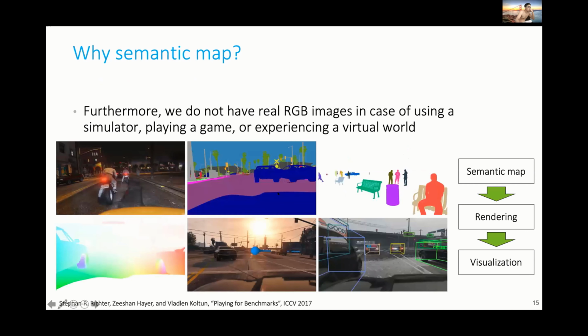For game design, once we can insert objects into the scene through the semantic map, we can render that easily. So this is why we take the approach of operating on semantic maps instead of RGB images directly.